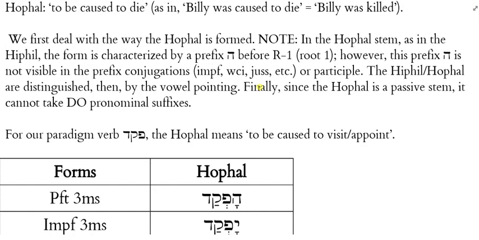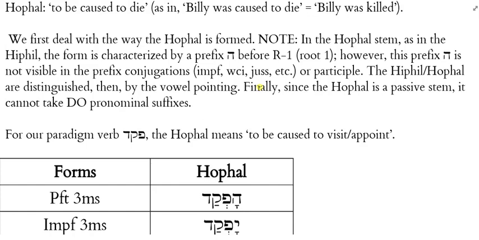That hey prefix will always go before root 1. But just as in the Hiphil, we will only see the hey prefix in 4 places. Where are they? The perfect, the imperative, if there were one, we're going to see there's not, the infinitive construct, the infinitive absolute.